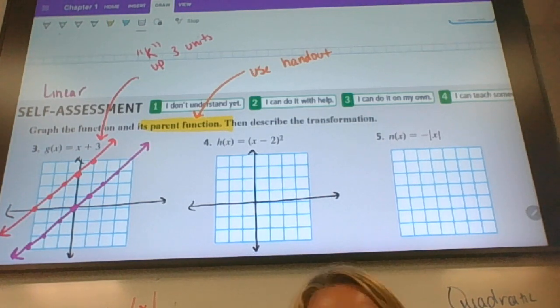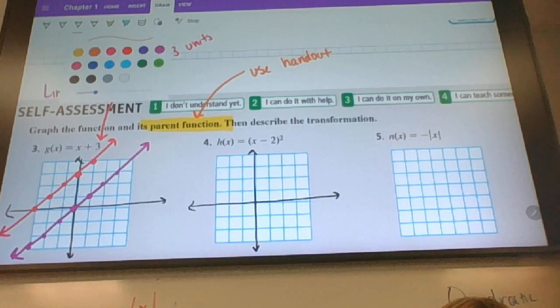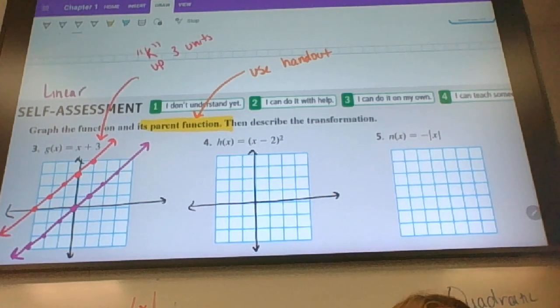Draw further. All right, which function family is number 4? This is a quadratic because of the little 2. So use your handout and draw a parabola. It starts at 0, 0, and then it goes over 1, up 1.